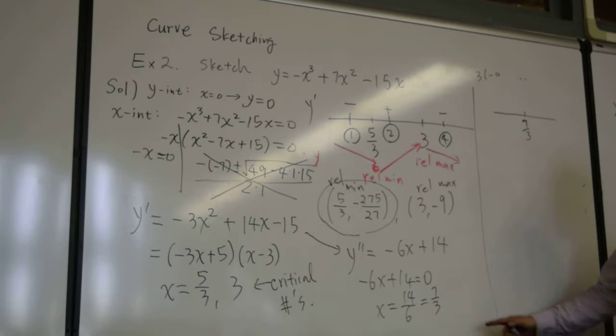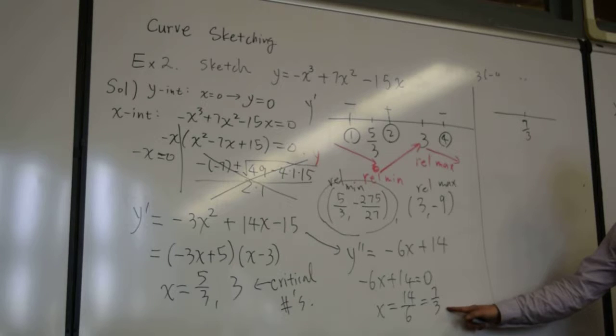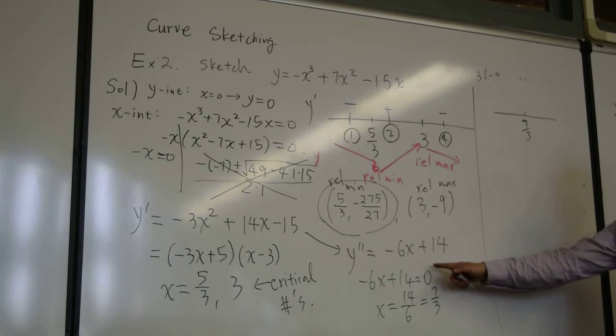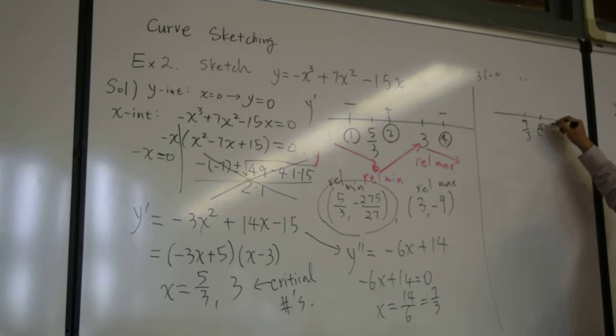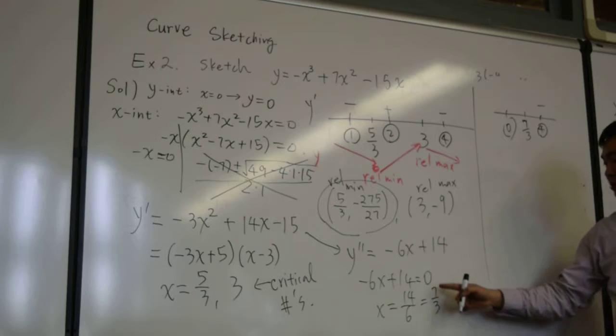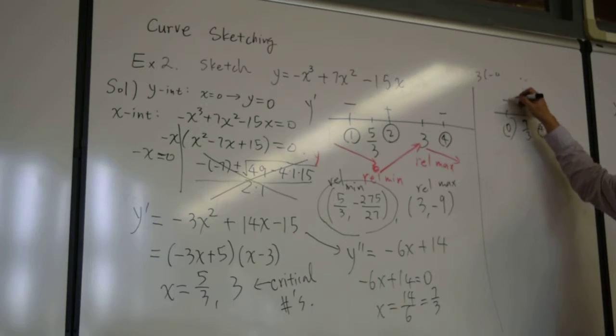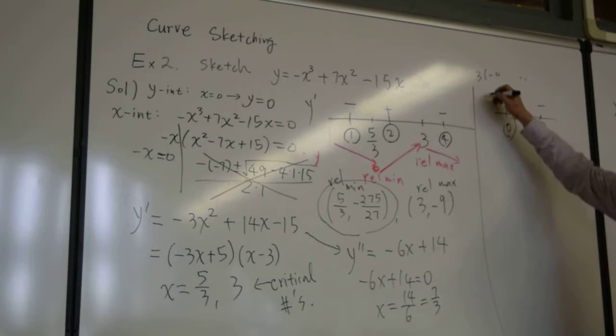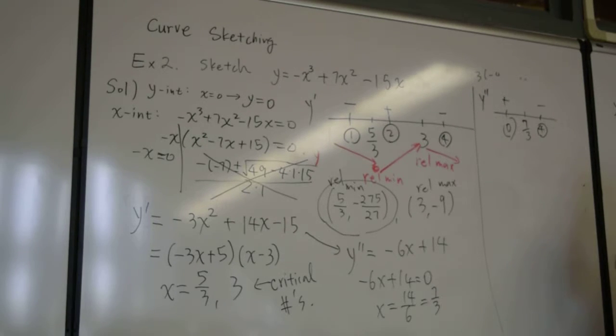So you can plug in 4 as a test point and easily get negative 10. I can plug in 0 as a test point, and you get positive 14, so that's plus. So we do know that y double prime is plus before 7 over 3 and negative after 7 over 3, so there is a change in concavity, therefore 7 over 3 does give you an inflection point.